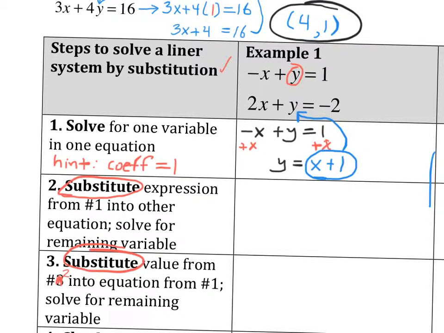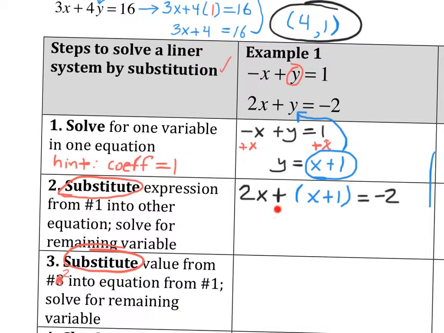So now I'm going to bring down the second equation, the 2x plus, but instead of writing y down, I'm going to say x plus 1. And notice I'm still on the second equation: 2x plus my new y, x plus 1, equals negative 2.